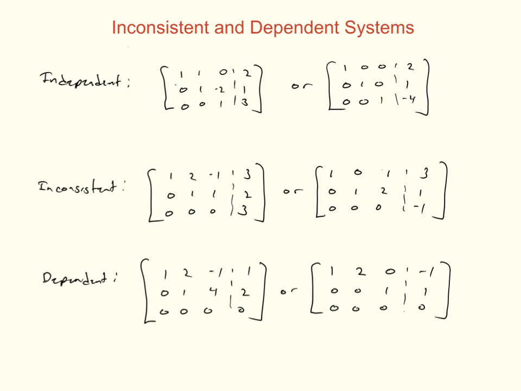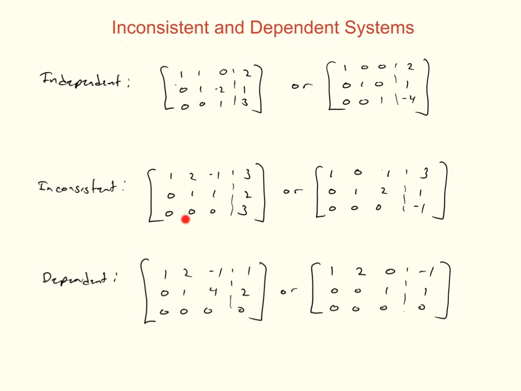When we have something that's inconsistent, what's going to happen is that when we write it in row echelon form or reduced row echelon form, you're going to end up with a row of zeros in the coefficient matrix, but in the solution matrix portion, you're going to have something other than 0. So in this case right here, we got a 3.